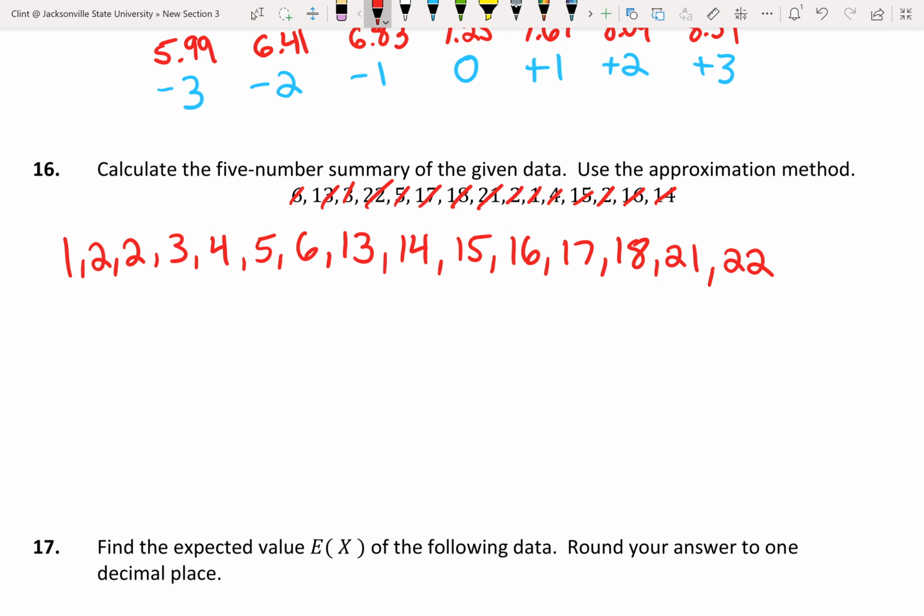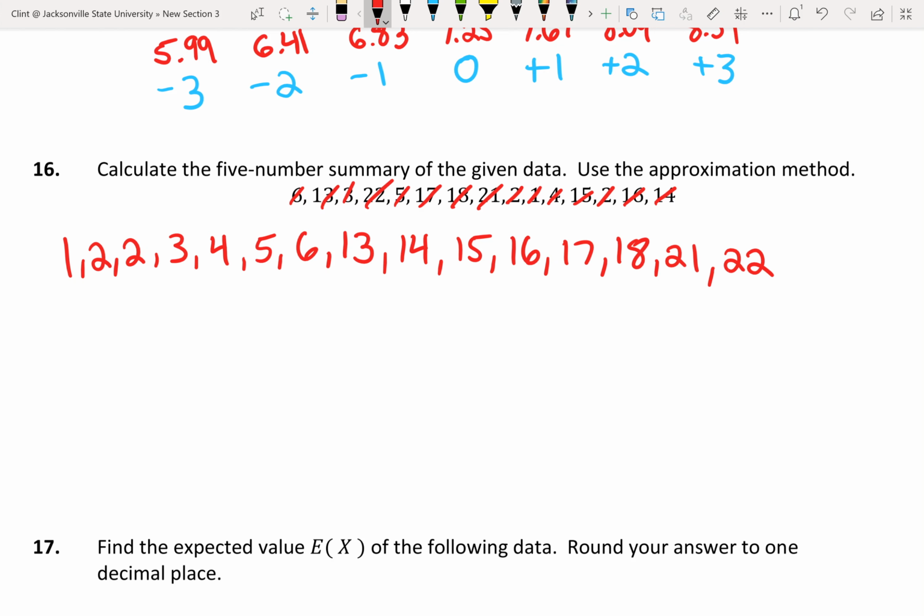Let's count, make sure we got all of them. 1, 2, 3, 4, 5, 6, 7, 8, 9, 10, 11, 12, 13, 14, 15. Okay, it's important we don't miss one.